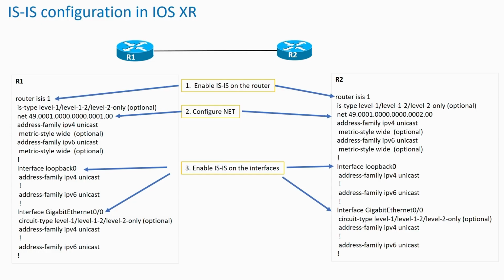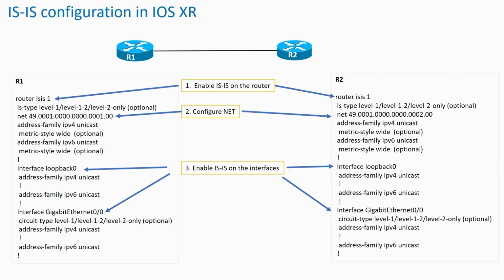Now let's come to the configuration part of ISIS in IOS XR. The first step in configuring ISIS in IOS XR is to enable the ISIS process on the router, and you can do that by using the router isis command. The second step is to configure the network entity title. You can optionally also change the IS type to level 1 or level 2 only.